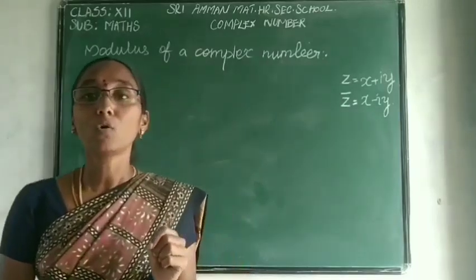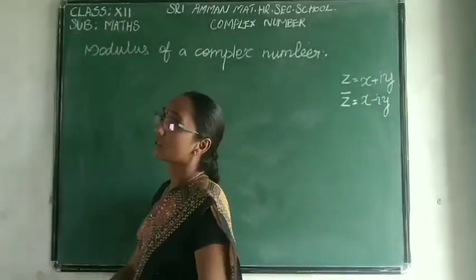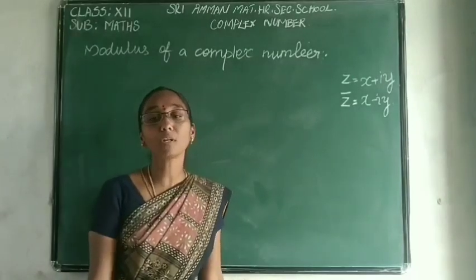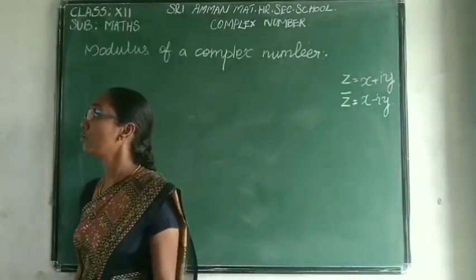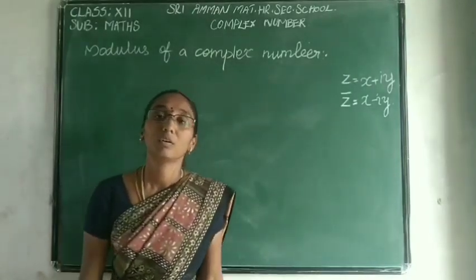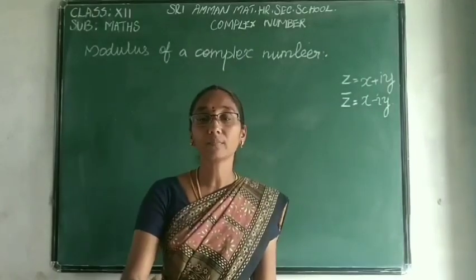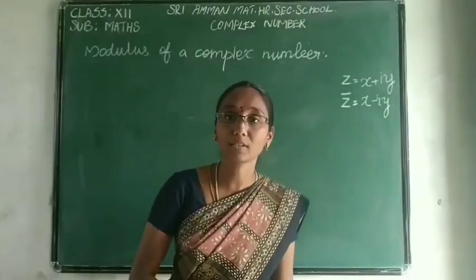Now I am talking about the modulus of a complex number. What is the absolute value of a real number, the absolute value or modulus value? First of all I consider a real number, and afterwards I will move to the complex number.